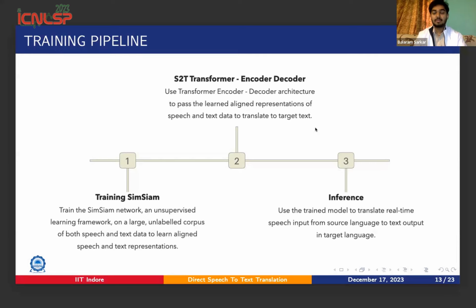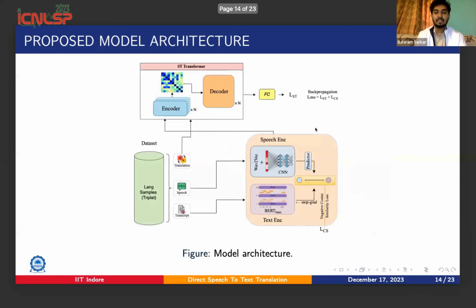The framework we have used is FairSeq by Facebook. And then we use this model practically on any languages that we've trained it for during inference. So here is the whole process, how it is happening.